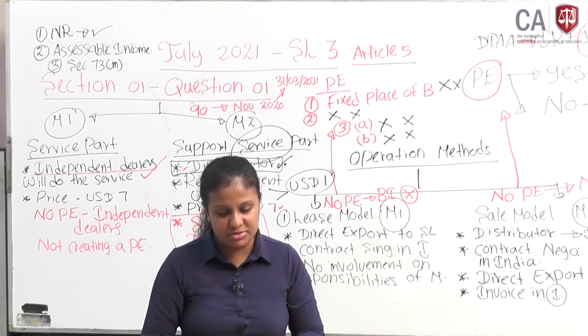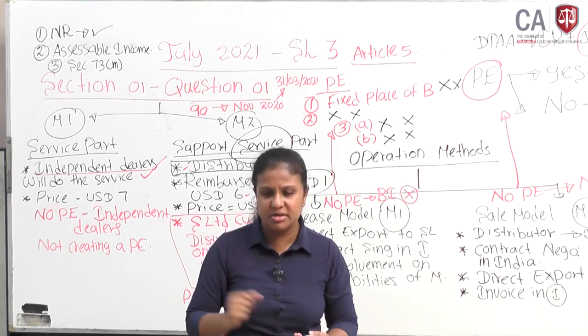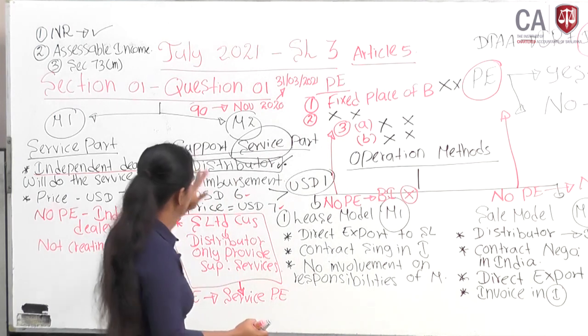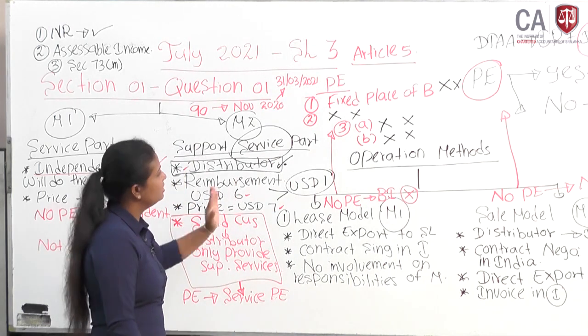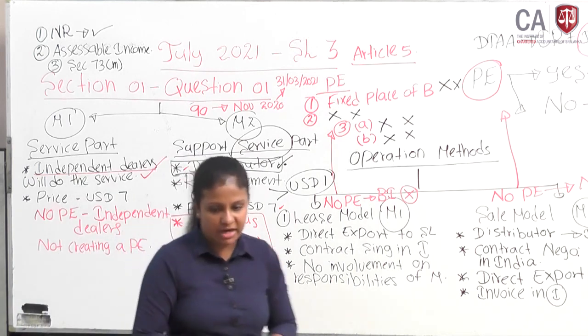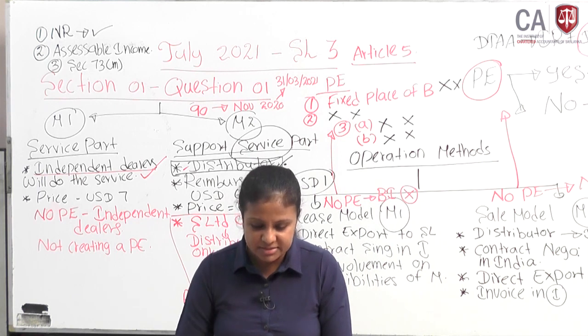Then there is 1,325 of accounting profit, with no tax adjustment. Then we have to compute the income tax liability. I have taken this from the analysis, not without reading the question. Now come to that part, which is the income tax computation.